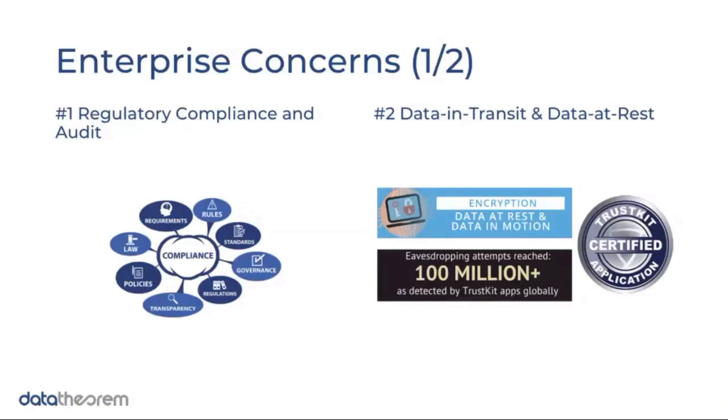The next enterprise concern is something traditional for security, which is data at rest and data in transit, right? Some of the biggest attack surfaces for mobile apps are not necessarily, in my opinion, data at rest, it's data in transit. Your users, guaranteed, will be on a hostile network using your app. We can all agree with that.